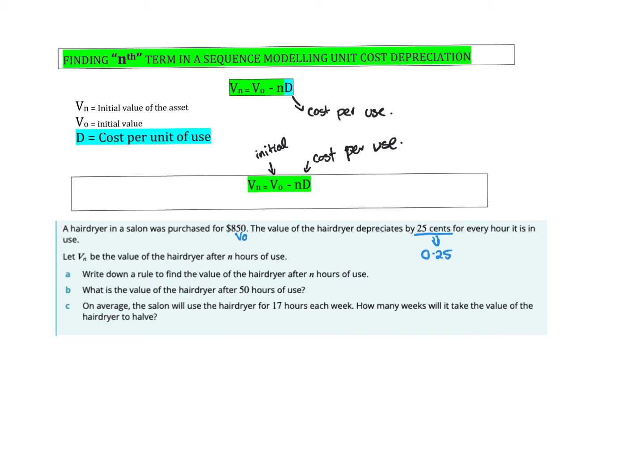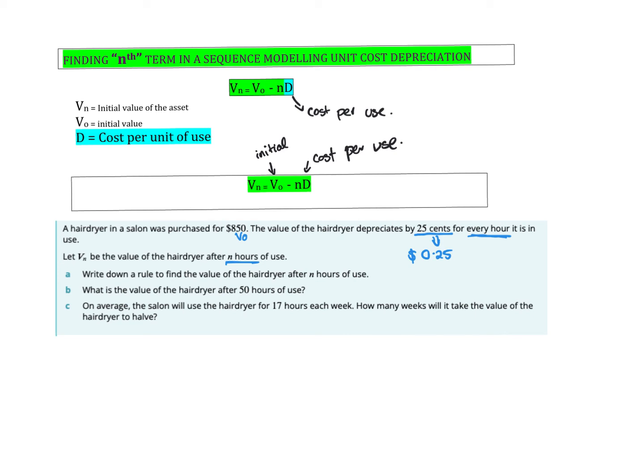I'm going to write that as $0.25, okay? And it's for every hour too, so they're saying the uses are per hour. Let Vn be the value of the hairdryer after n hours. So that matches up. Write down the rule to find the value of the hairdryer after n hours.